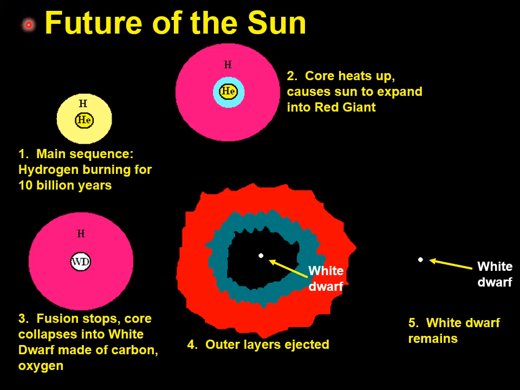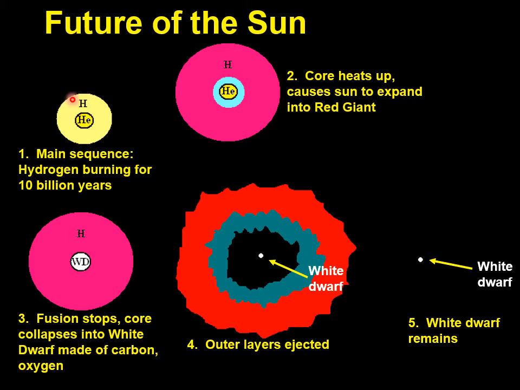So let's take a look at our sun specifically and see what its future is. So right now, our sun is happily and very stably living its life on the main sequence. It will remain on the main sequence for a total of about 10 billion years. That's the lifetime, the lifespan of our sun. Since our sun is only about 4.5 billion years old, you can see that it's only roughly halfway through its life.